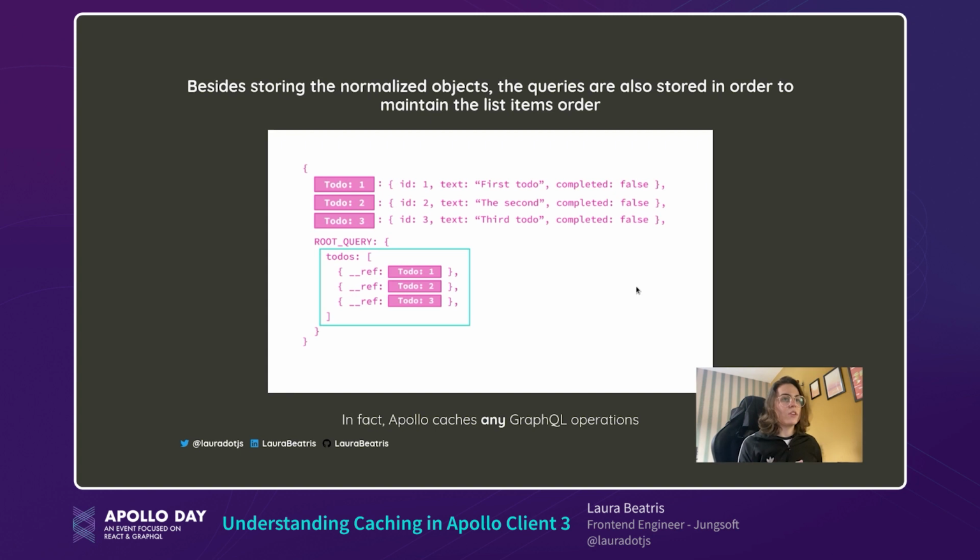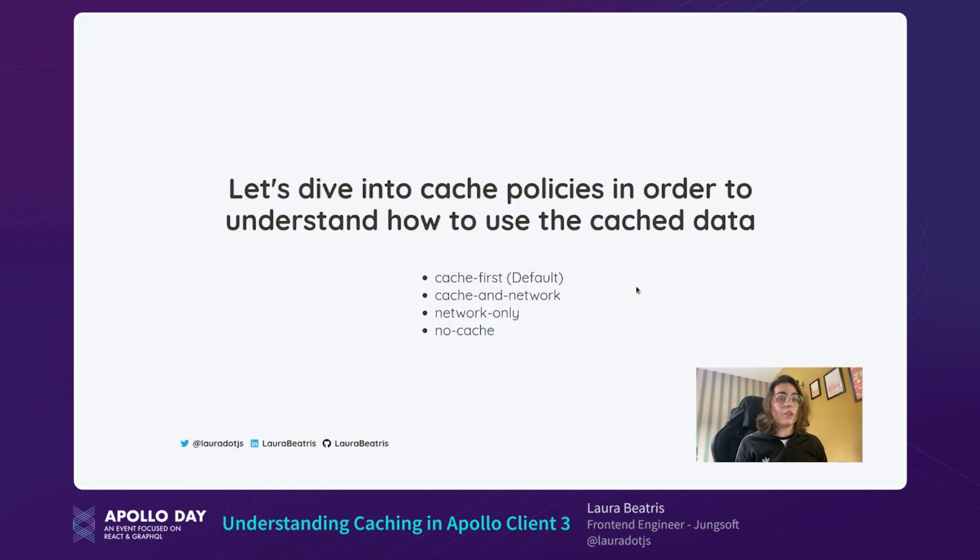But let's dive into cache policies in order to understand how to use the cache data and how Apollo performs all the logic of doing network requests and returning the cache data. What are the types of cache policies that can affect the process of caching and returning the data to the client?